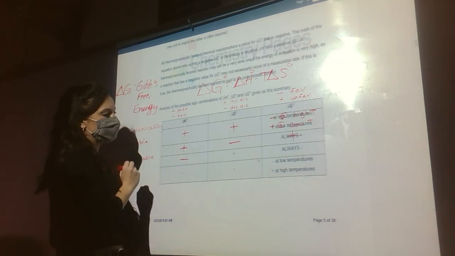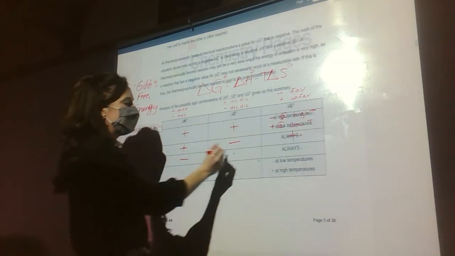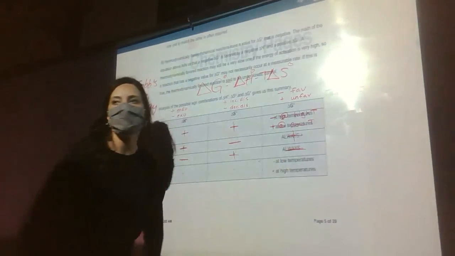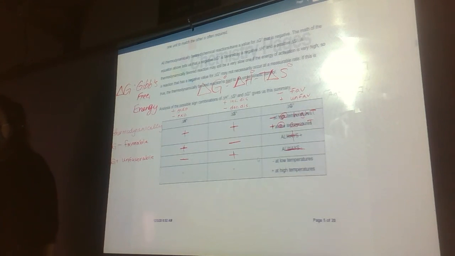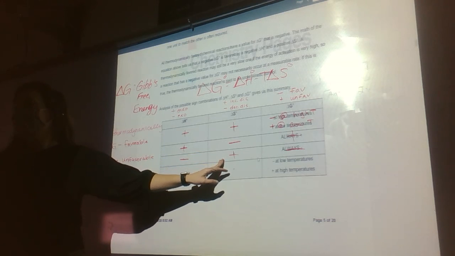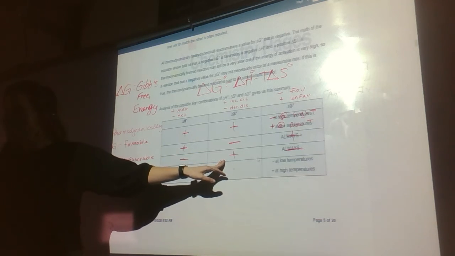An exothermic reaction that increases entropy is always allowed. It will always happen. Doesn't require energy, increases entropy, that's good, according to the universe.